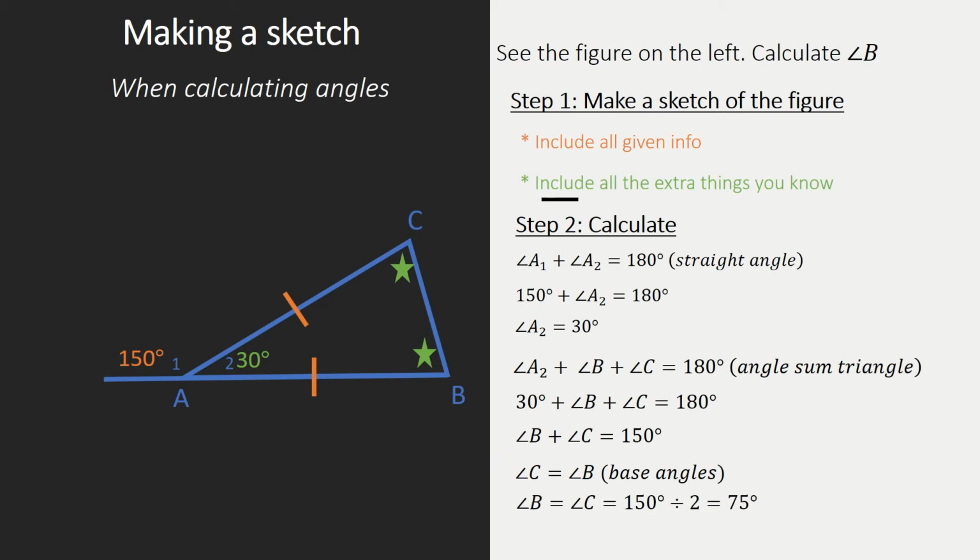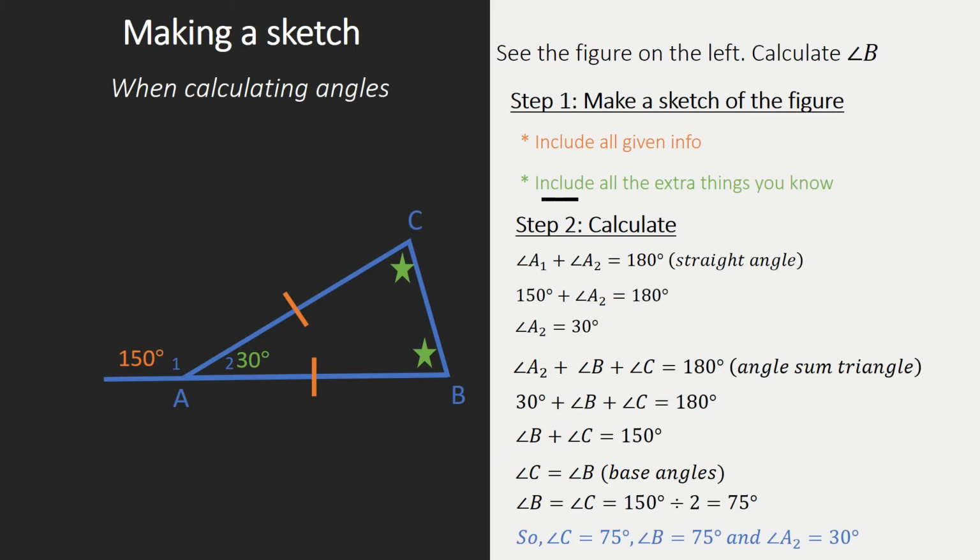So that means that angle B is angle C, and that must be 150 degrees divided by 2, since something plus something equals 150 degrees, and those two need to be the same. And 75 plus 75 equals 150 degrees. So our conclusion is that angle C is equal to 75 degrees, angle B as well, and angle A2 equals 30 degrees.